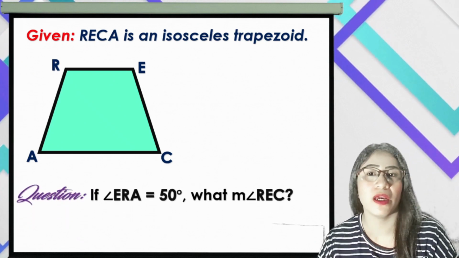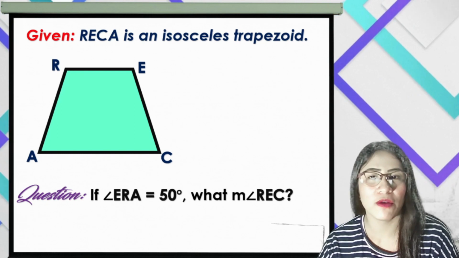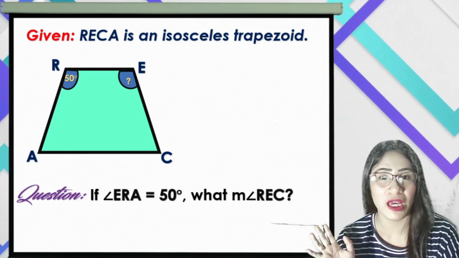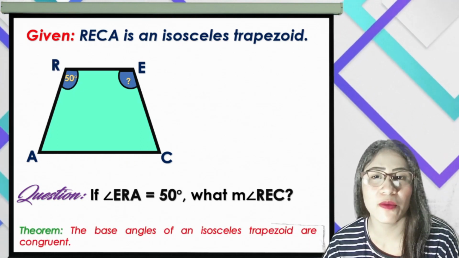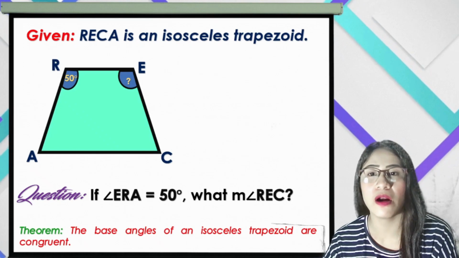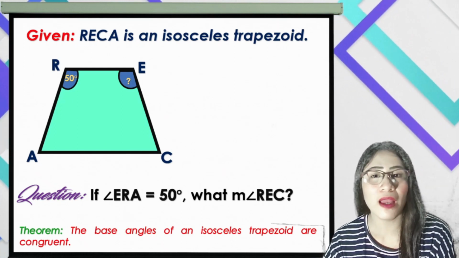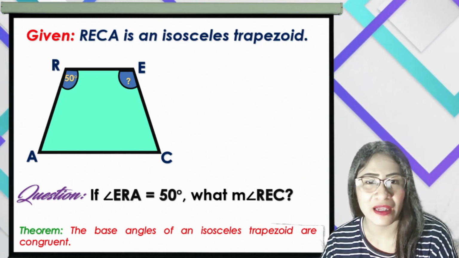Another question. If angle ERA is 50 degrees, what is the measurement of angle REC? In this given, the theorem involved is the base angles of an isosceles trapezoid are congruent, and si angle ERA at si angle REC, they are the base angles.